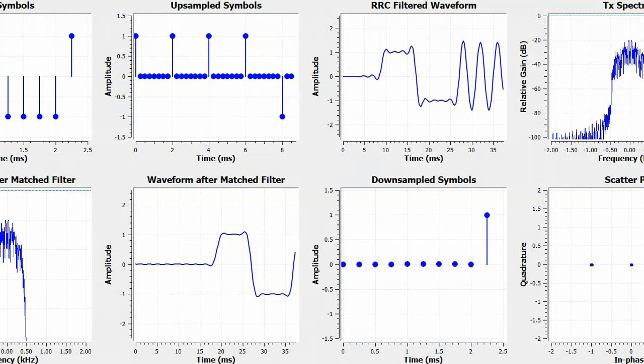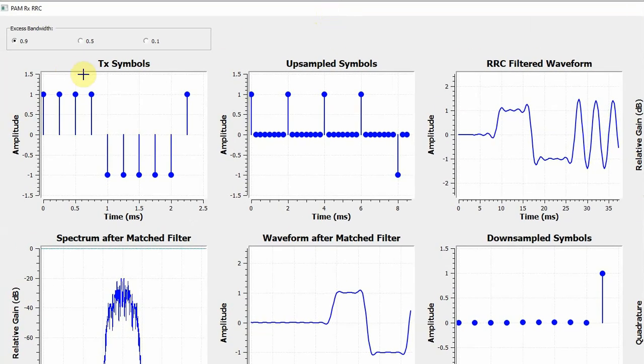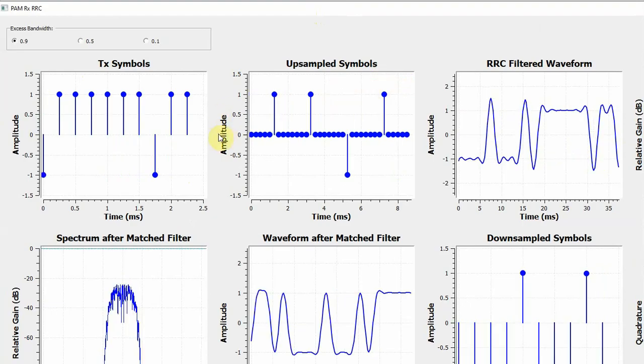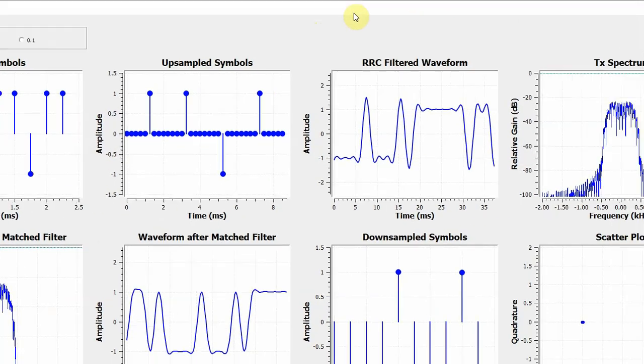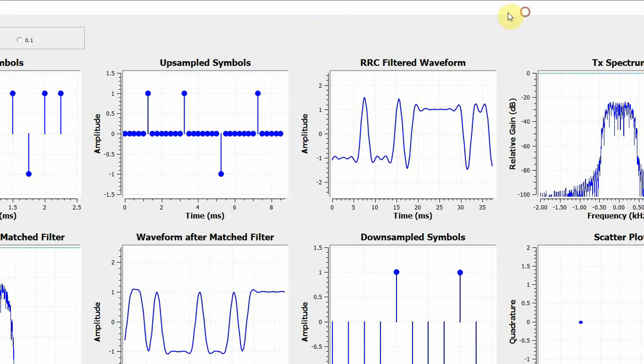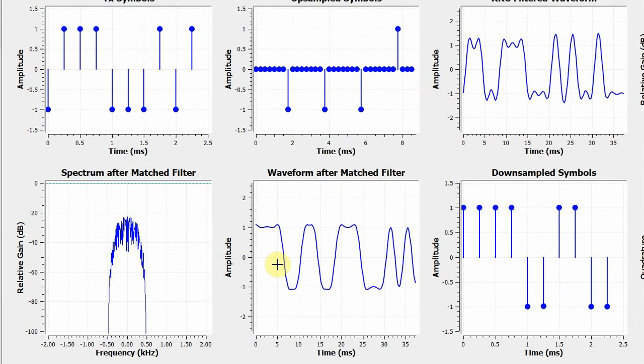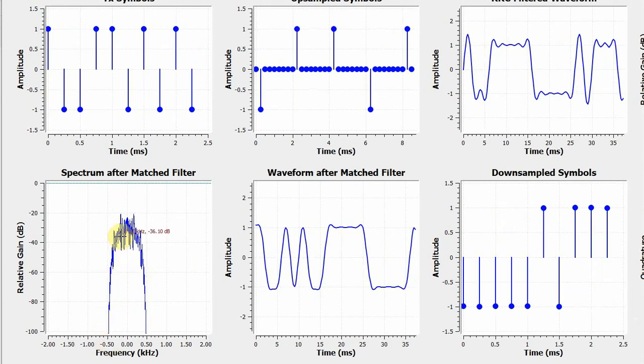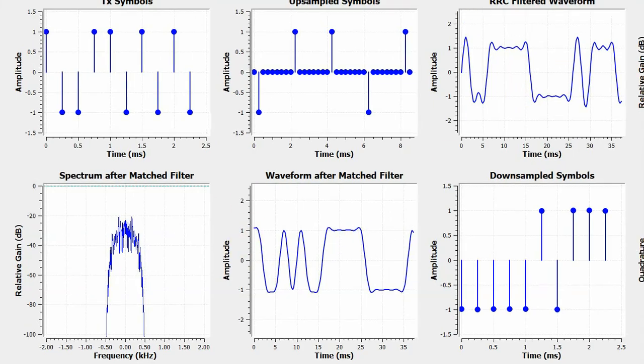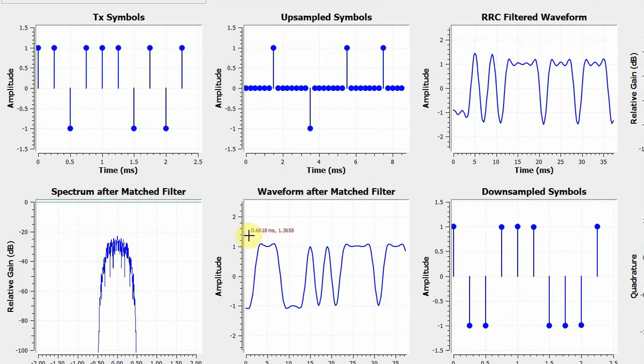Let us observe this one by one, and we'll see that these are the transmit symbols, the upsampled symbols which are doing nothing but inserting zeros in between every two symbols, the RRC filtered waveform, and the transmit spectrum. On the receiver side, after matched filtering, you can see the spectrum is in a much more smooth shape. The waveform after matched filtering therefore is different from the waveform after the RRC filtered part.